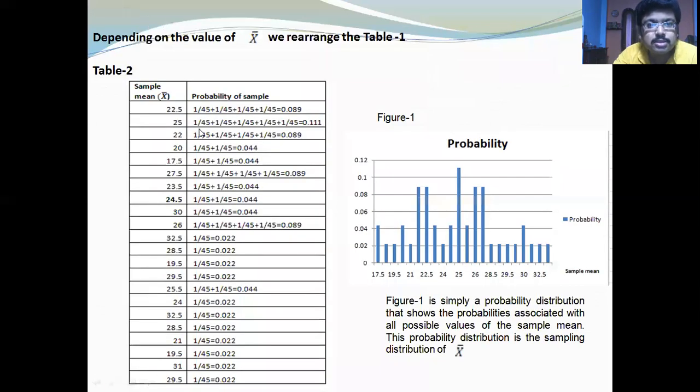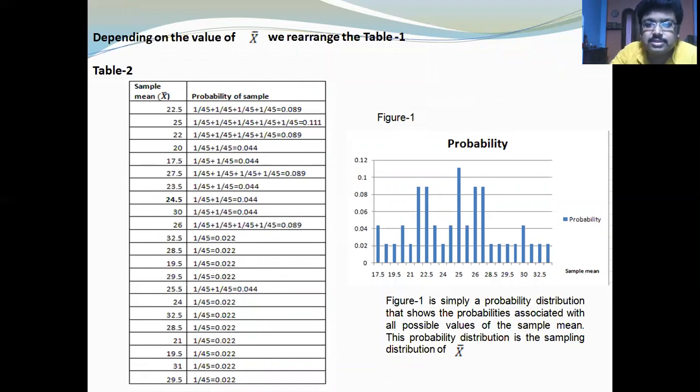Look at this, 1 2 3 4 5, and adding we get 0.11. So in this way, in this table we have the sample mean with its probabilities.